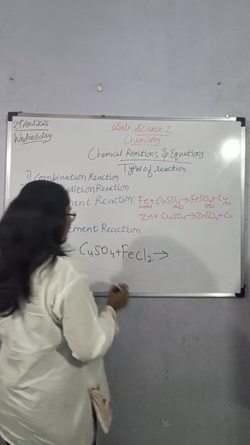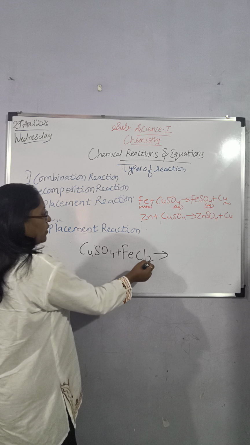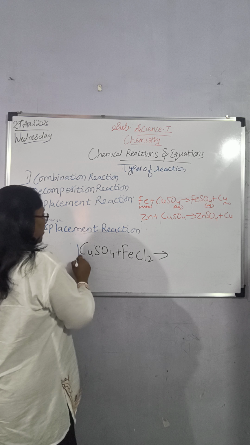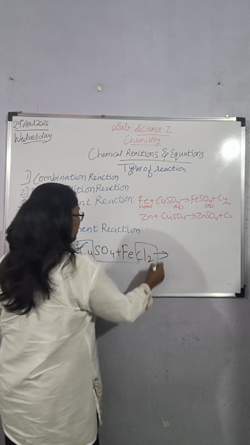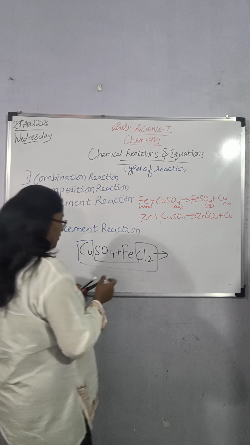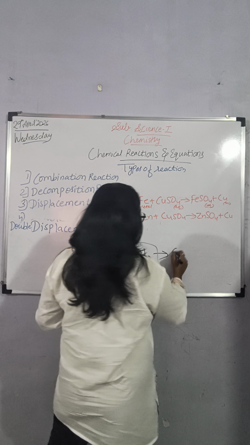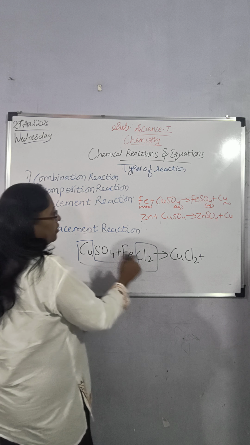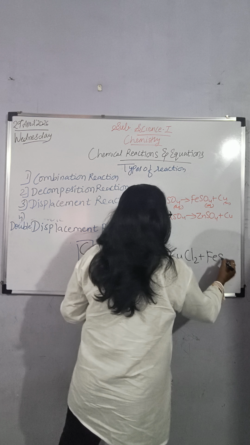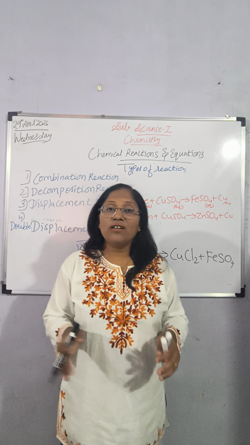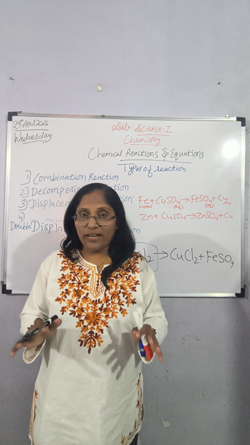Now if you see in this, copper will go with chlorine, meaning this copper will react with this chlorine over here. So what are we going to get? We will get CuCl2, that is copper chloride, plus FeSO4. Hope you understood the double displacement reaction.